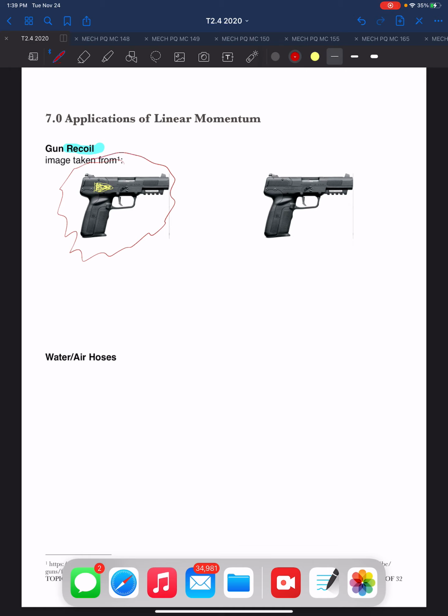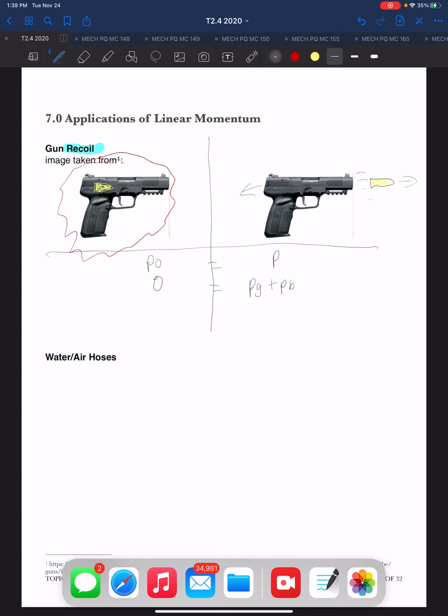And afterward, after the gun is fired, we have, again, the gun bullet system, like so, with the bullet going this way and the gun recoils. So we have an initial momentum, which is equal to 0, and that must be equal to the momentum afterward. Afterward, we have the momentum of the gun and the momentum of the bullet.